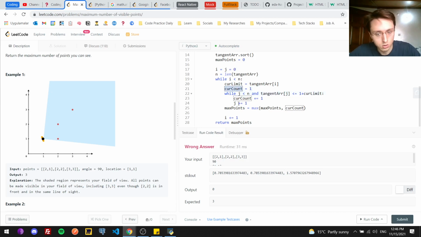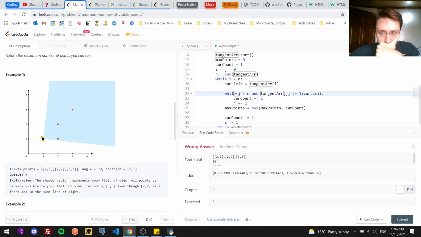So I should decrease the current count by 1 here. I shouldn't have it like that, so it just starts with 1. Now I increase it like that, and at the end I decrease by 1 because I get rid of this.